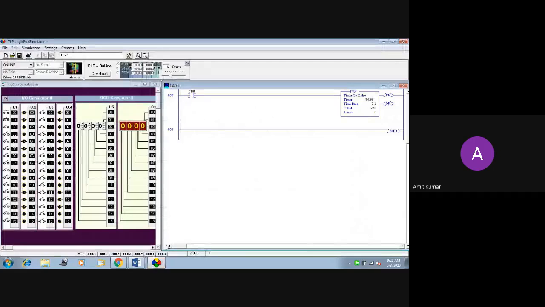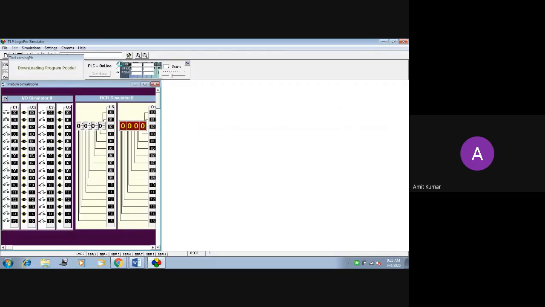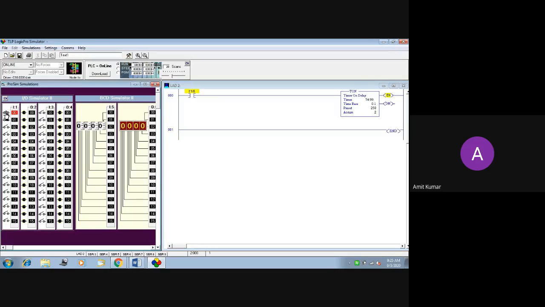So I will just show you that part also. This timer is not going to be reset by itself. So I have switched off the program. Now we are again going to run this program. If you run this program, you can see right now your done bit is low. There is no yellow color in your done bit. See it carefully.